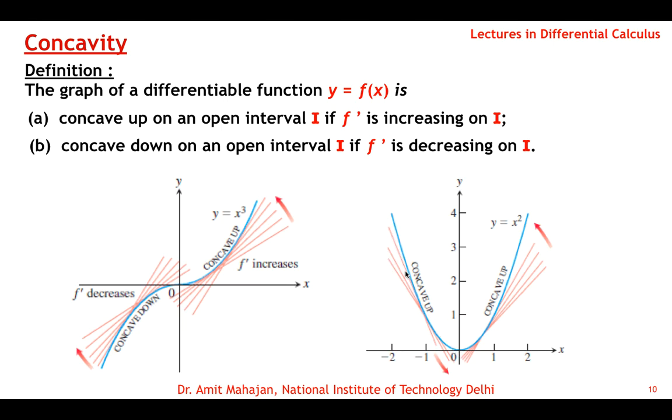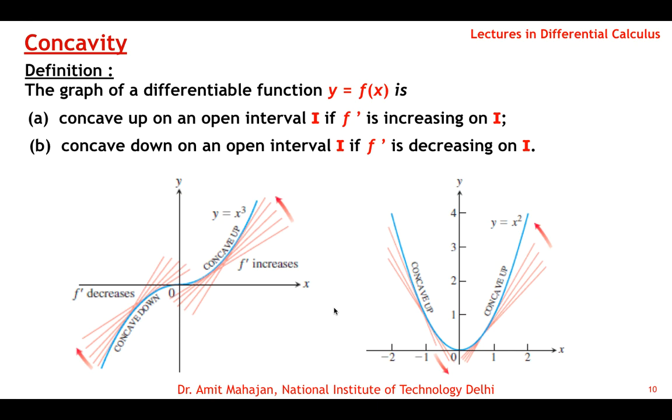So if the slope is increasing, then it is concave up, and similarly the slope on this side is also increasing, so the positive value is increasing for slope, so it is again concave up. So concavity, very simply, is the bend or turn in the graph which can be concave up or concave down depending upon the behavior of the slope or tangent on the interval.